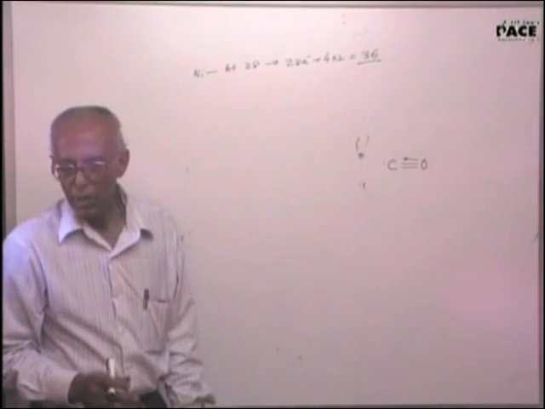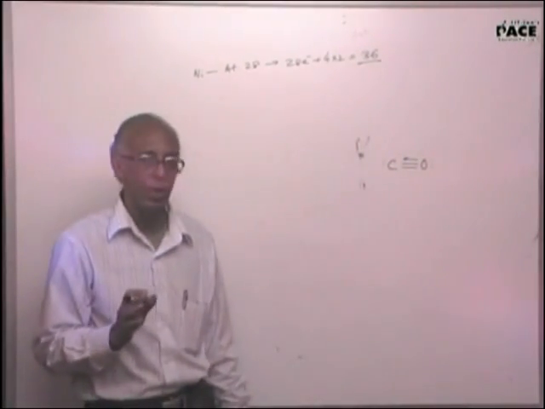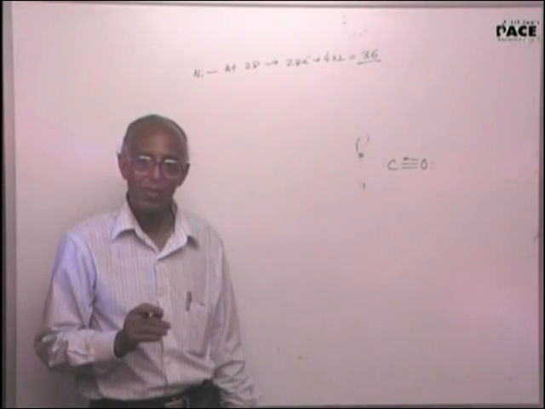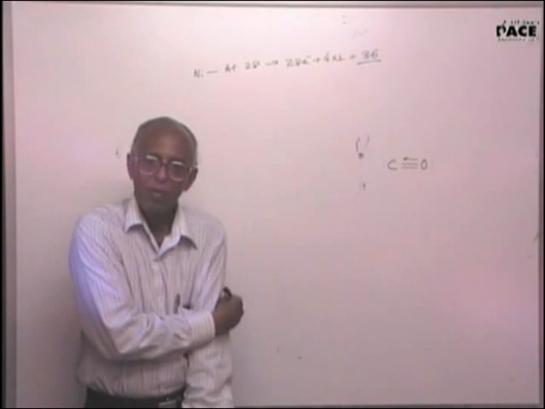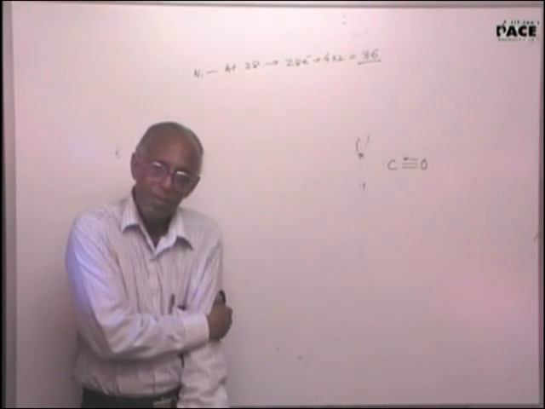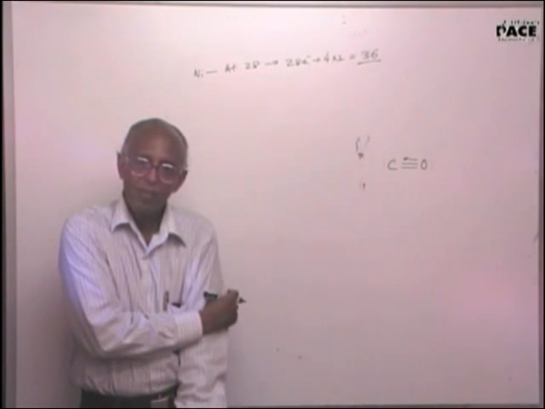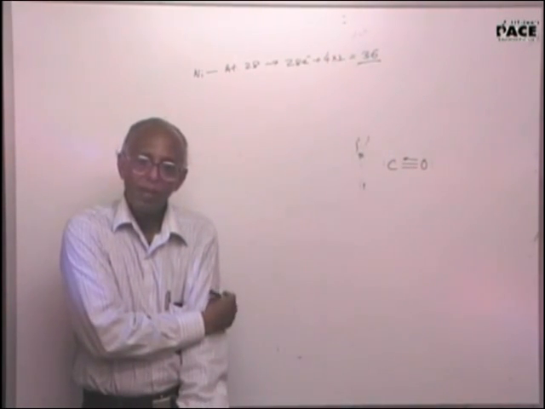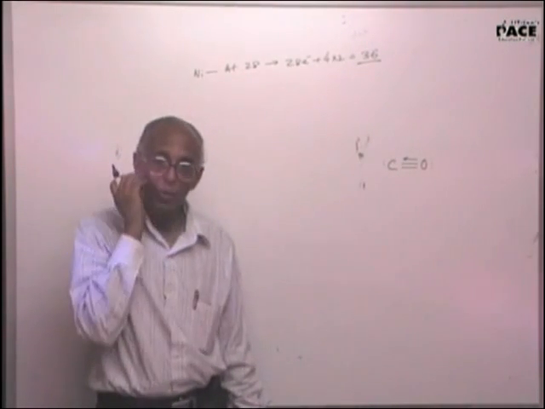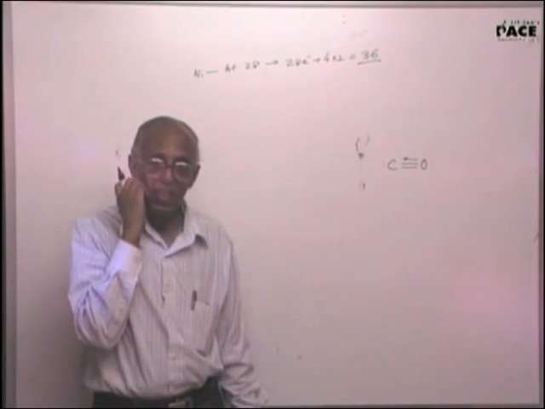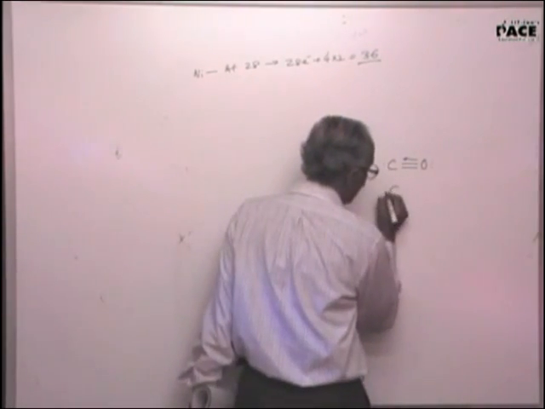What is unusual? Carbon is less electronegative, but although it is less electronegative, it is attracting the electrons there. Oxygen is more electronegative and is still giving electrons. Why? Because what is the other alternative you have?